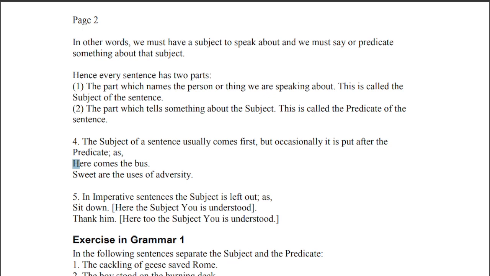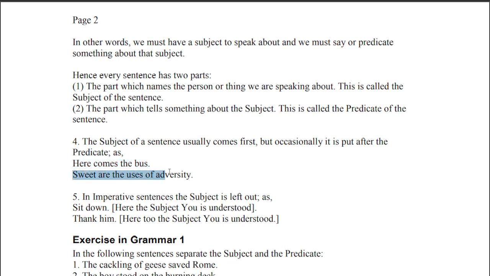Like, here comes the bus. The bus is the thing about which "here comes" says something. The bus is the subject. Here comes is the predicate.